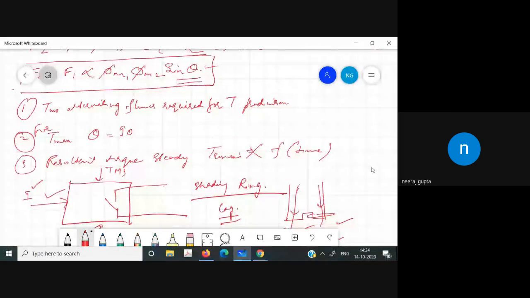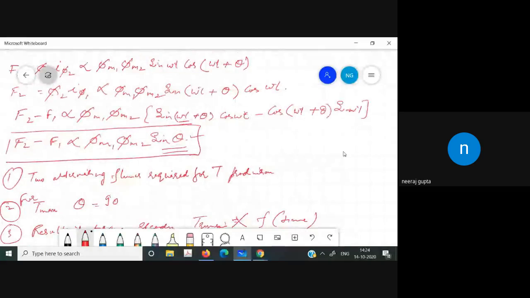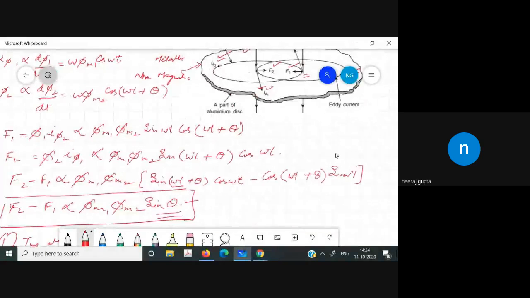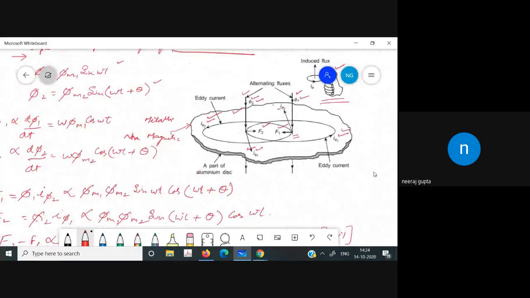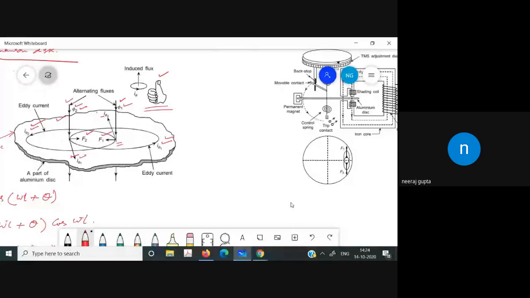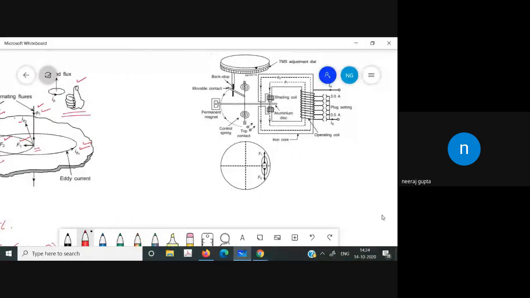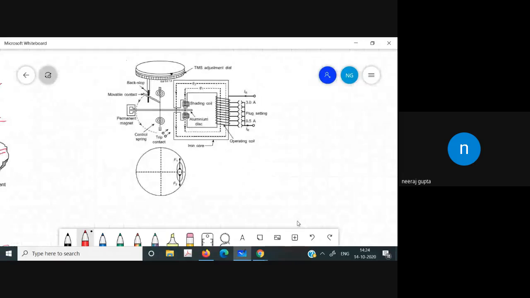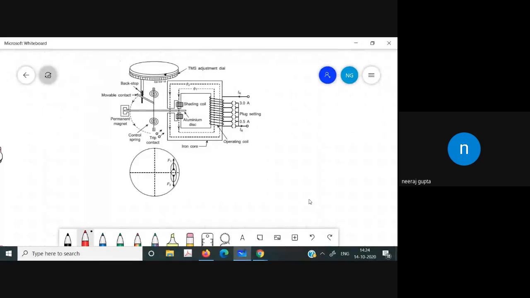Now, the construction, let us discuss here. Let us have a diagram and then we can discuss the different things that are involved in this type of structure. Now, this is a diagram of the induction disk type relay.